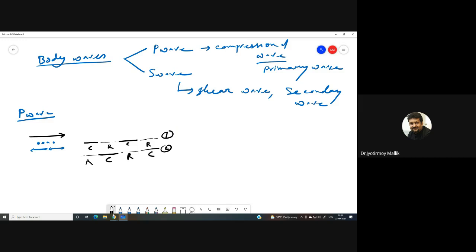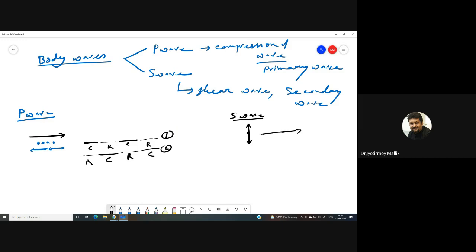And in case of S wave, we know that the individual particles' oscillation will be perpendicular to the direction of wave propagation.